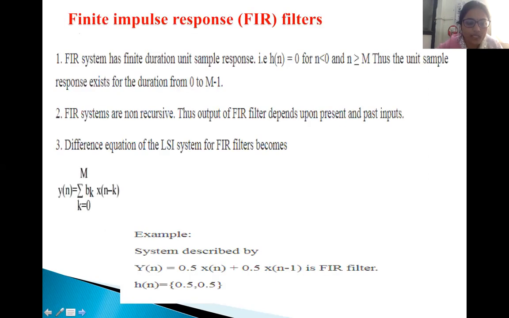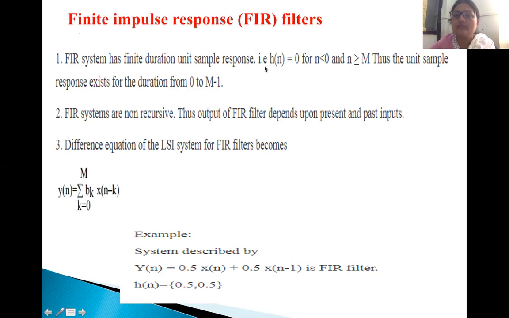Now, about the finite impulse response filter. As the name itself suggests, it has a finite duration unit sample response, or unit impulse response. Because its impulse response is finite, this filter is called a finite impulse response filter.